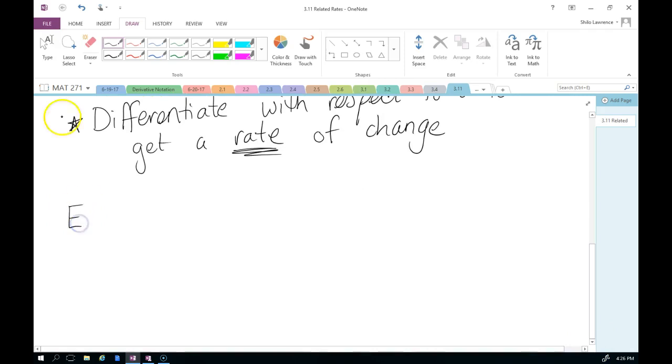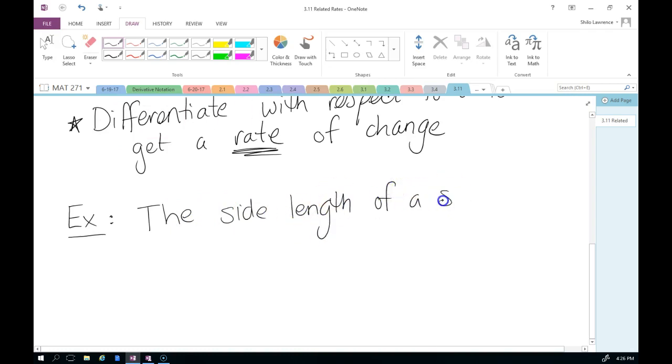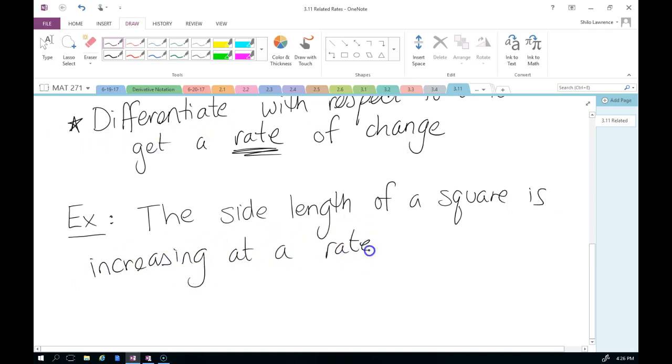So I want to show you an example with that square. Let's suppose that the side length of a square is increasing at a rate of 2 centimeters per second.